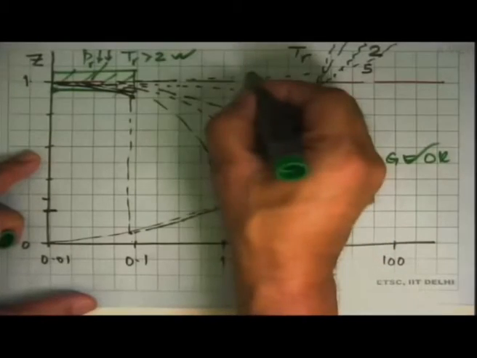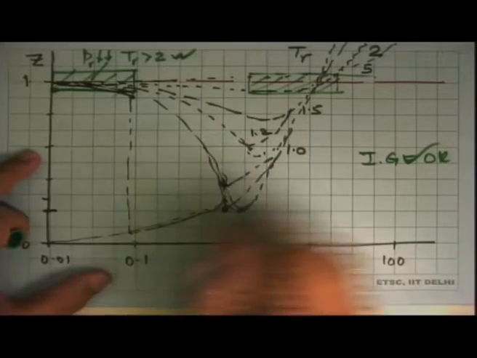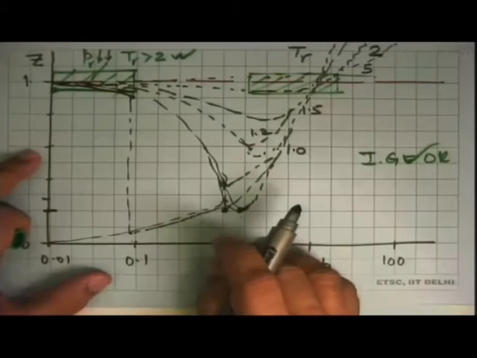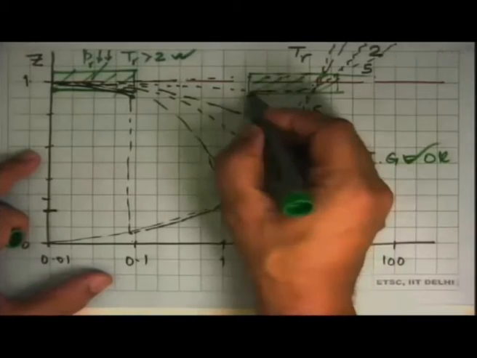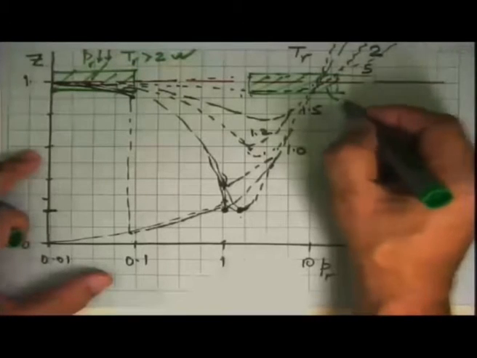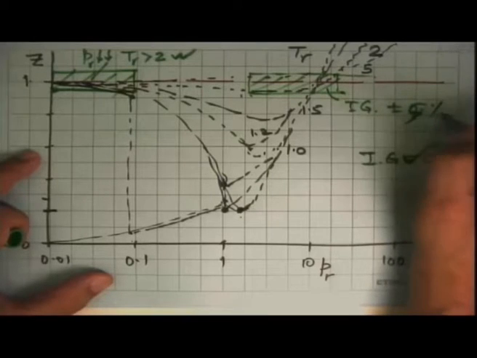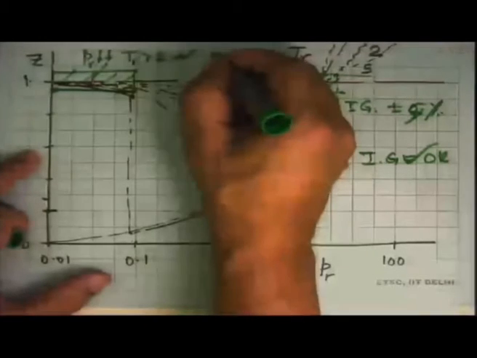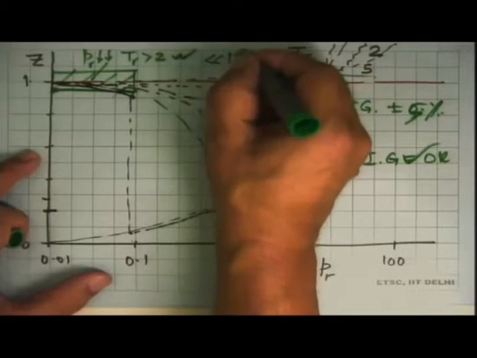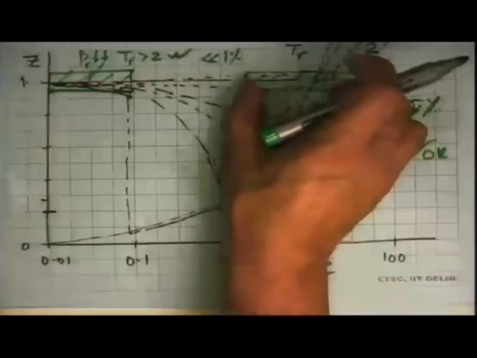Then we see another region here, that even if you go to a lower reduced temperature and reduced pressures are below 10, then also we can say that is ideal gas behavior, but now variation will be about plus minus 5%. Here we can be sure that as you go further away, variation is well below 1%. It's quite nice. Here, not so nice, but it's okay.